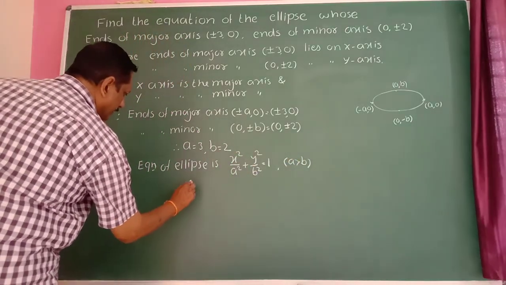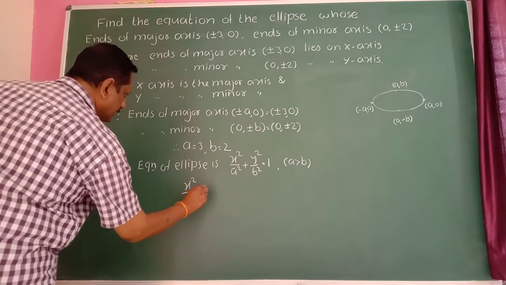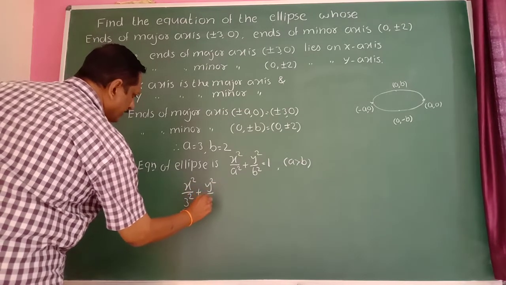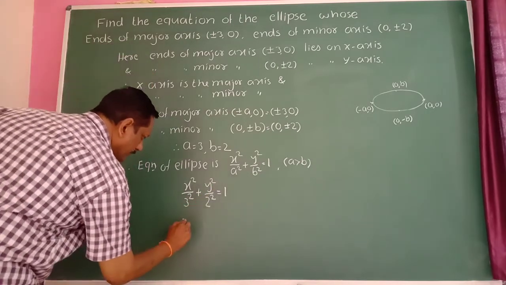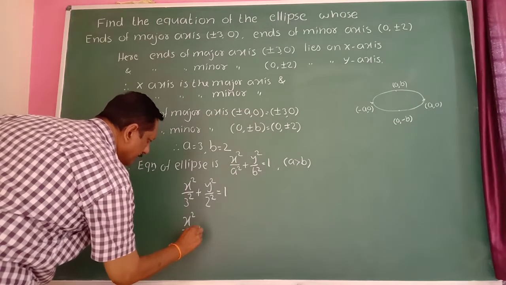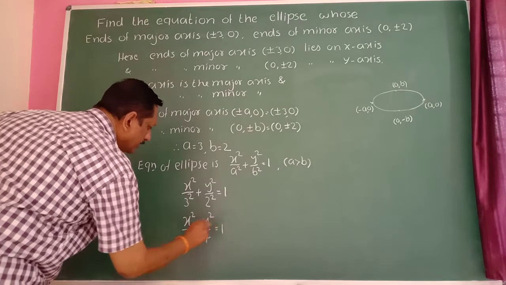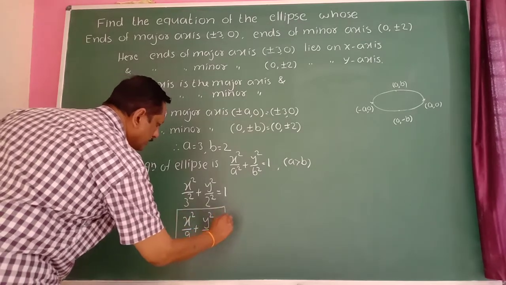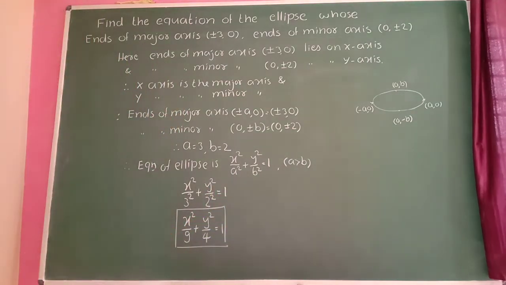Therefore x square divided by 3 square plus y square divided by 2 square is equal to 1. That is x square divided by 9 plus y square divided by 4 is equal to 1. So this is the required equation of the ellipse here.